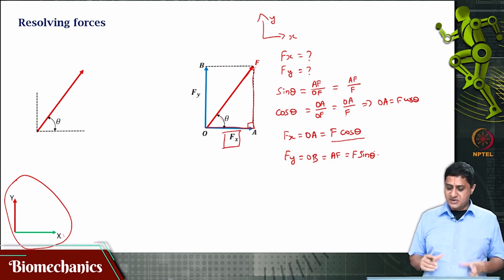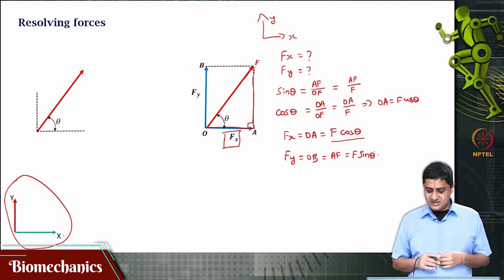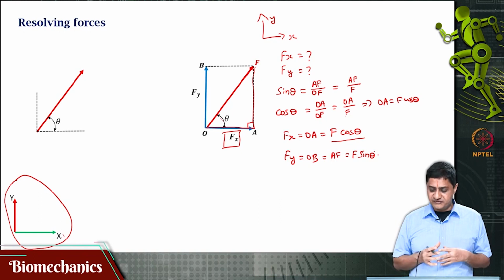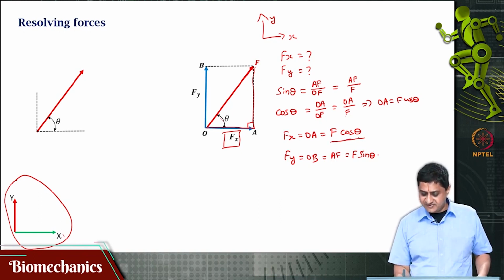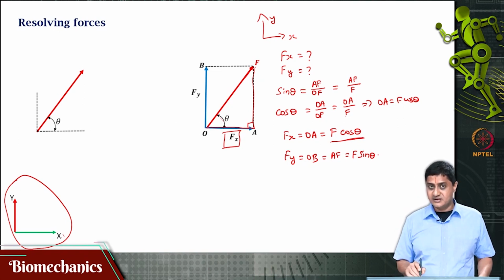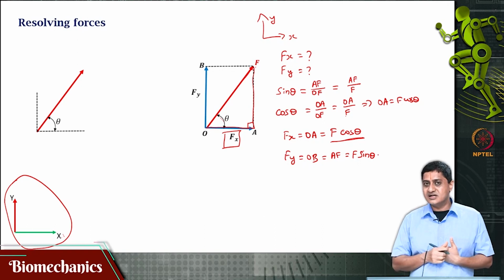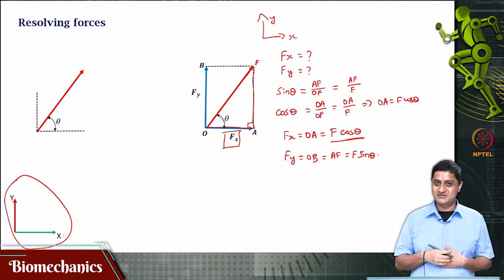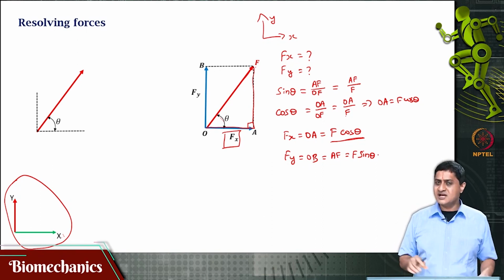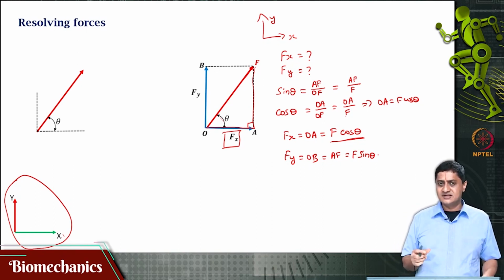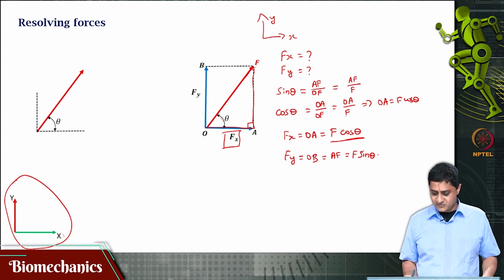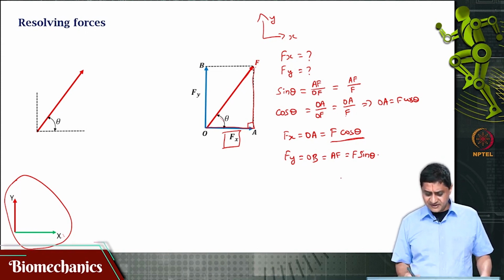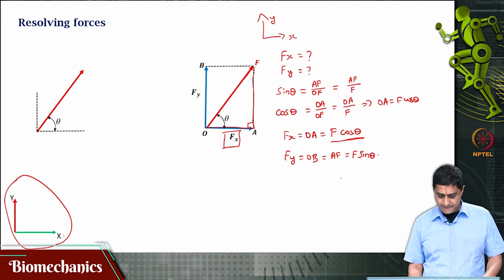So by this we understand that the component of F in the x axis is F cos theta for this problem. Depending on where theta is, this might change. So this is not a standard, you cannot use cos theta everywhere. As we solve problems, you will realize that this will change, and Fy is F sin theta for this problem.